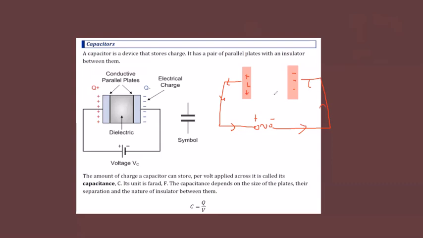But because it's an AC supply, the next moment the left hand side is positive and the right hand side negative, so the electrons which were stored in the capacitor will return back to the battery. So with AC, the capacitor cannot store charge. So it only works with DC.